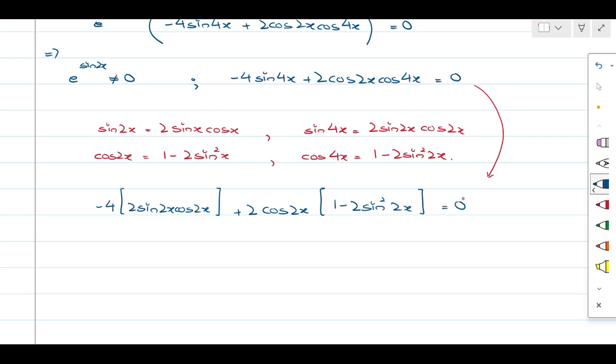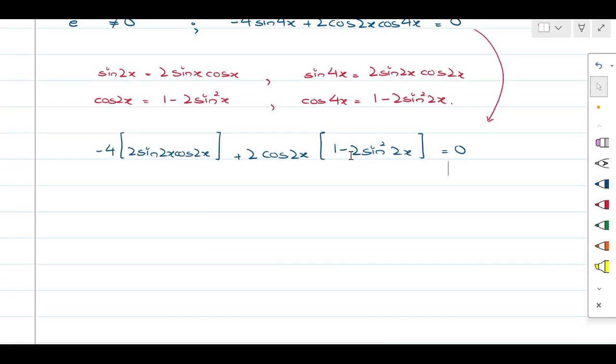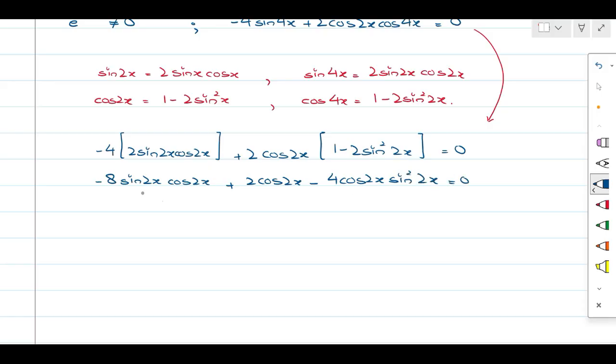Simplifying, we have minus 8 sine 2x cos 2x plus 2 cos 2x times 1 minus 2 sine square 2x. In all these terms cos 2x is common, so let me take cos 2x common.